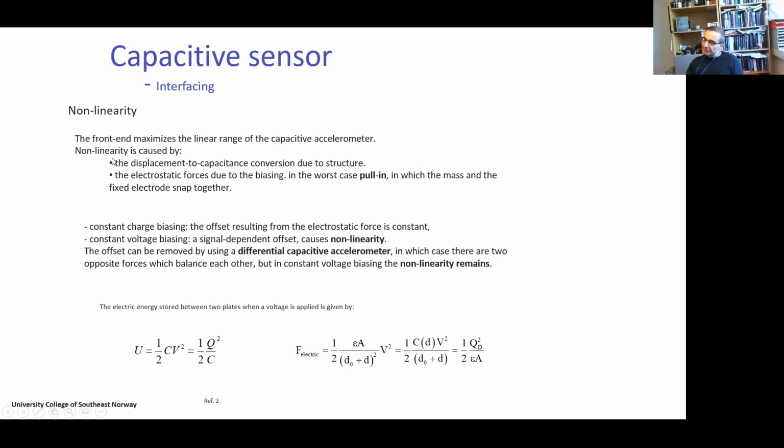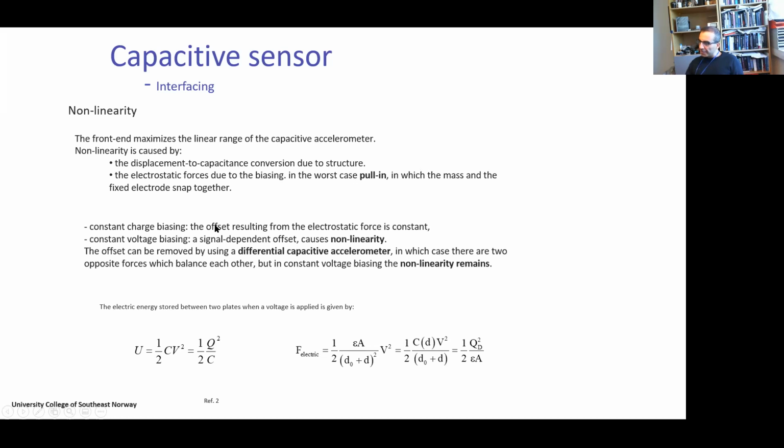There are two types of nonlinearity in the system: one due to the electrostatic force, and the other due to the structure. So when we bias it, we introduce a nonlinearity into the system. And again, if the voltage is too high, then you might get the pull-in.